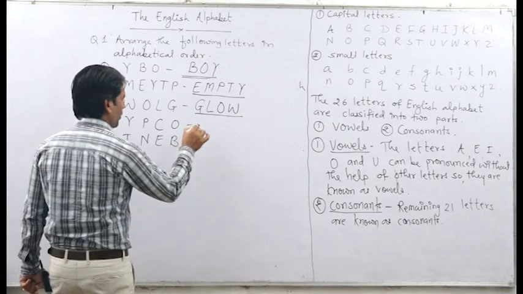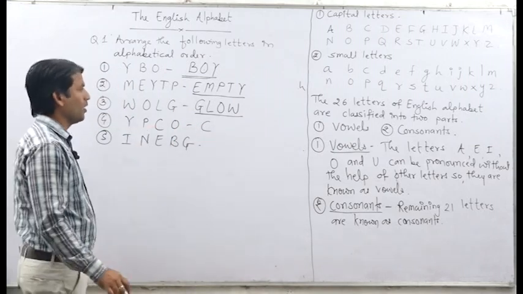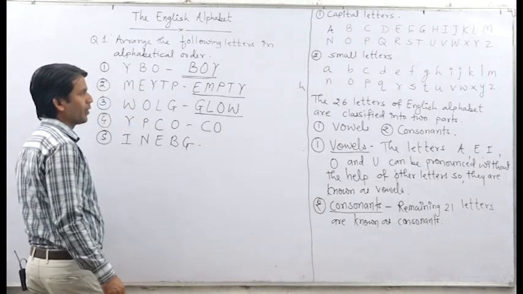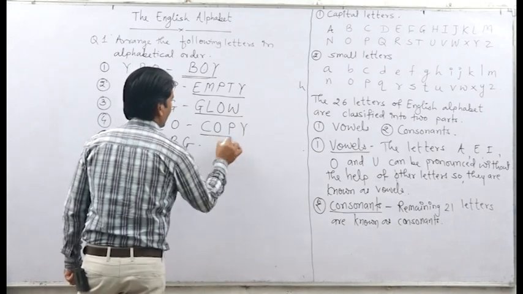First of all, we have to write here C because C comes first in alphabet. After that, we have to take O, then P, and at last Y.